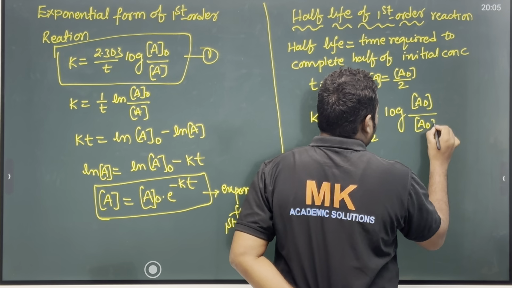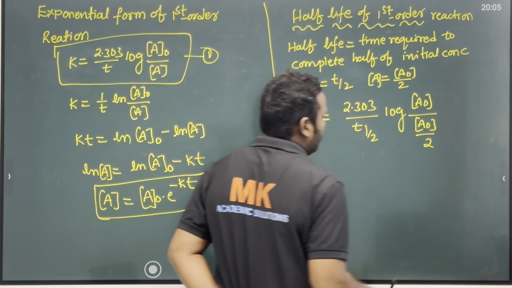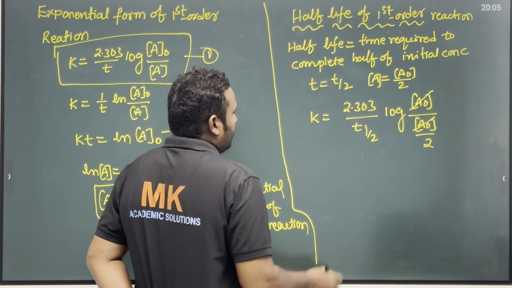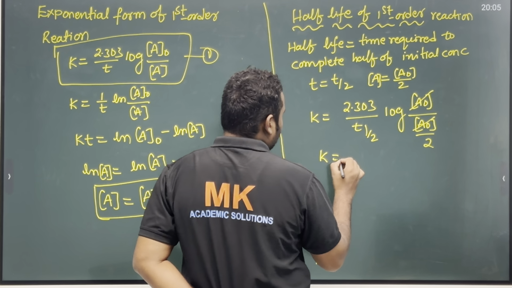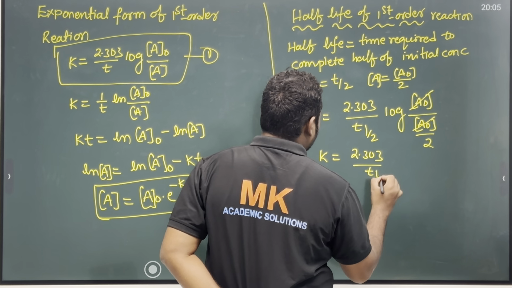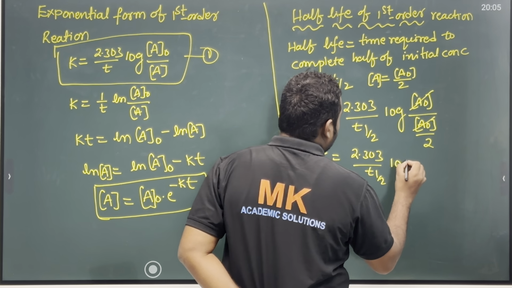A naught cancels out, and K is equal to 2.303 by t half log 2.